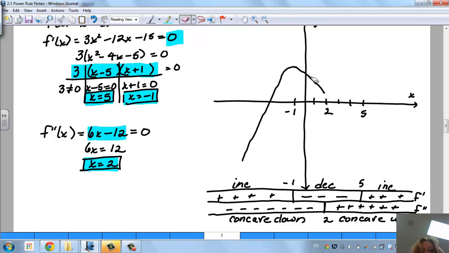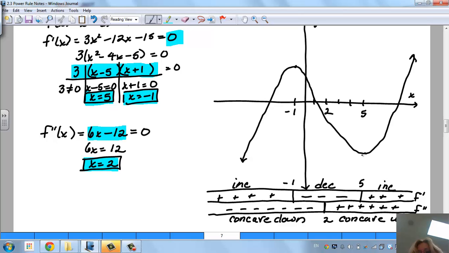Let me erase that a little bit. Okay, and at 5 there's going to be a turning point of some sort. Oops, I'm not writing this very well. Let's try this again. Okay, and then it's going to increase again. So this is a really wiggly graph.